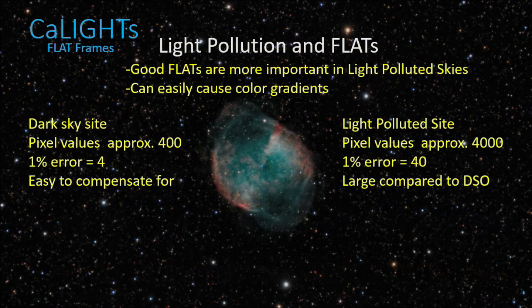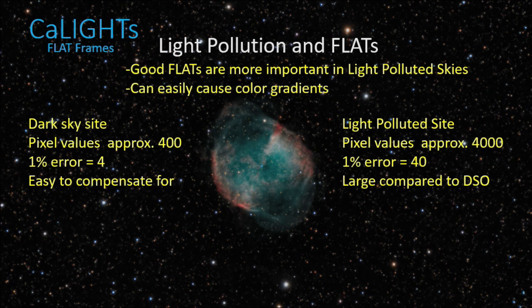Did you know that creating a quality master flat and dark flat is actually more important when imaging in light-polluted skies? Consider the possibility that your master flat is off by 1%. If you are imaging at a very dark site, your pixel values can be very small.